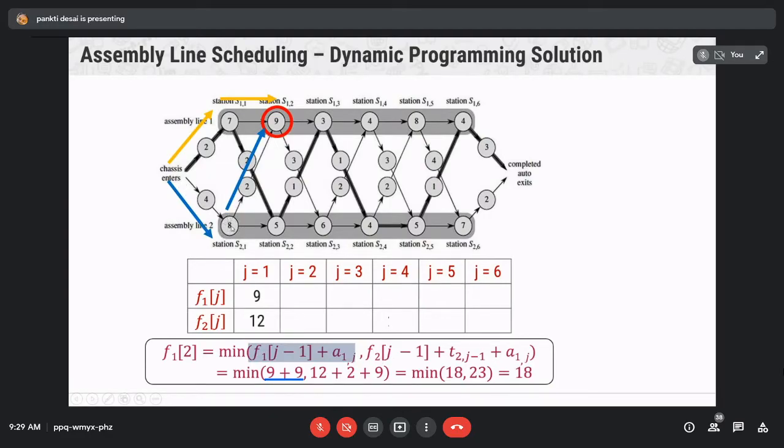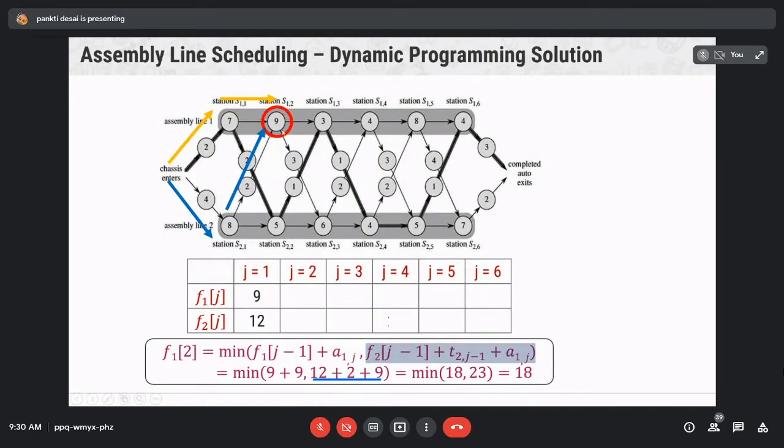F21 is 12 plus T2(j-1). T2(j-1) is T21, which is 2. So 12 plus 2 plus A1j. A1j is 9, so 12 plus 2 plus 9, the total is 23.